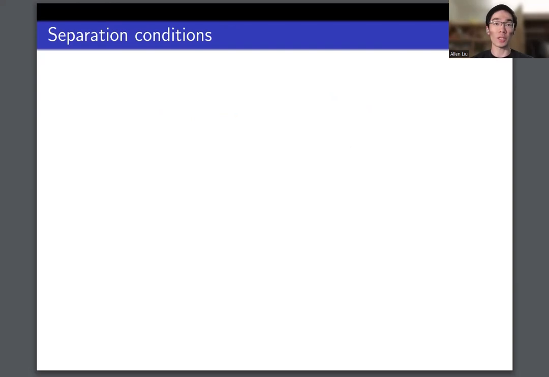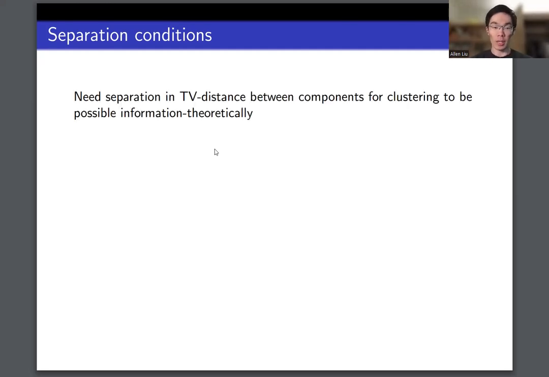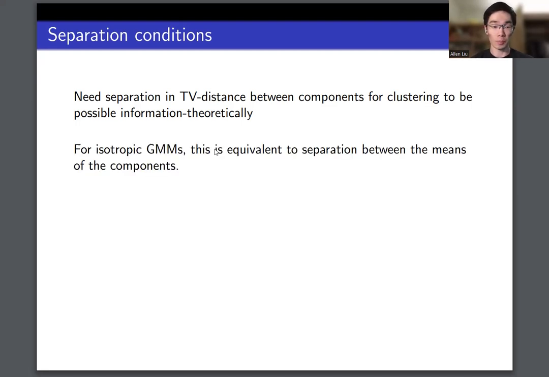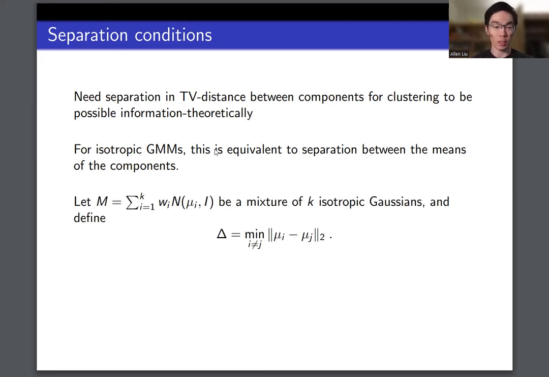Of course, the problem of clustering is not tractable without some sort of separation conditions. In particular, if we had two components that had a lot of overlap, then it would be information theoretically impossible to even hope to cluster. So we need to assume that the components of the mixture are separated in TV distance. For isotropic GMMs, this turns out to be a particularly nice quantity to work with, since TV distance is equivalent to simply the separation between the means of the components.